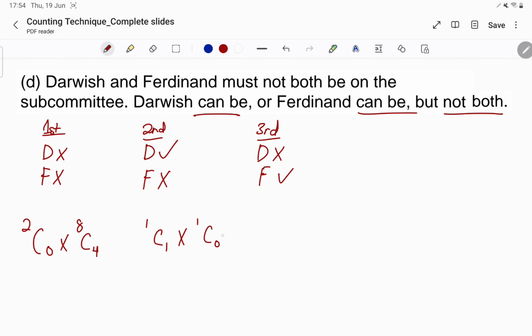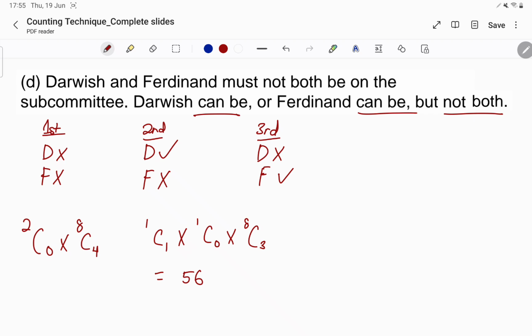Because currently we already chose Darwin, the remaining we have is 8, but from this 8 we are going to choose 3. So the answer here is 8C3. So 1C1 multiplied with 1C0 multiplied with 8C3. The answer is 56.